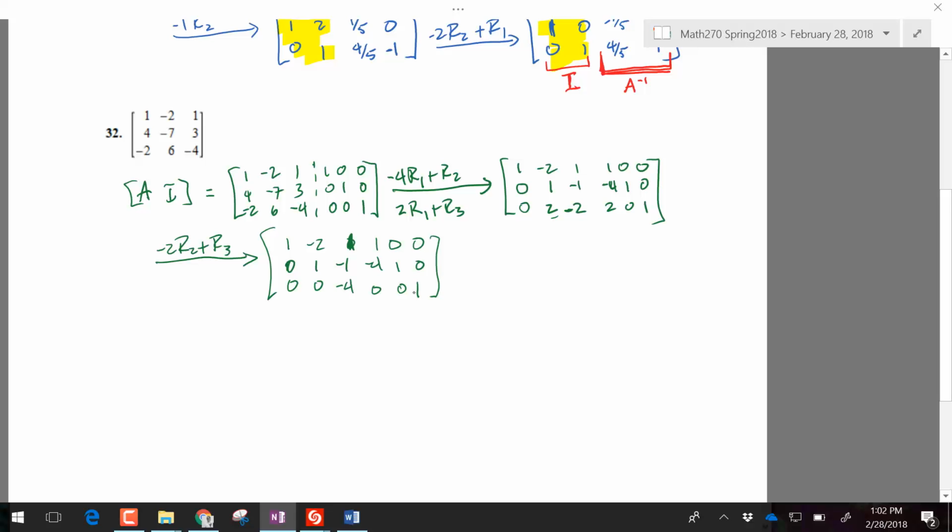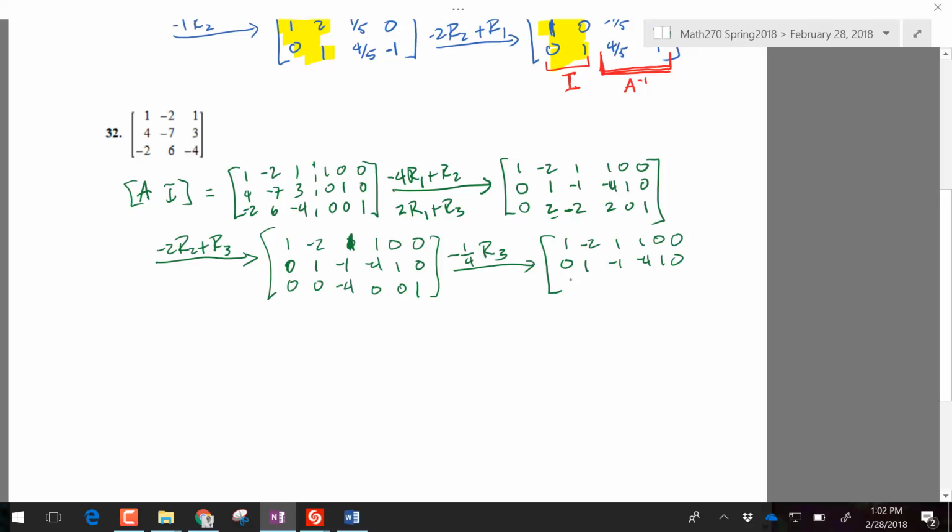Okay, let's get that third row cleaned up with a 1. 1 minus 2, 1, 1, 0, 0, 0, 1, negative 1, minus 4, 1, 0.